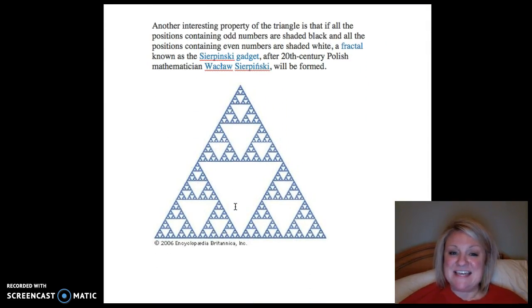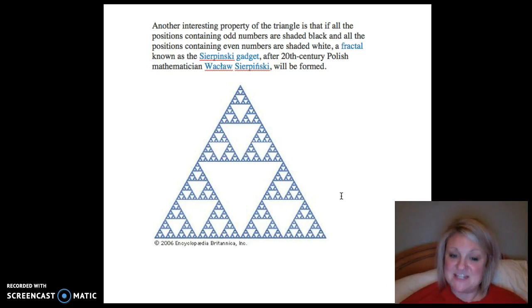And the last thing that I'm going to tell you before you explore, another interesting property of this Pascal triangle, is that if all of the positions containing odd numbers are shaded black, and all of the positions or terms containing even numbers are shaded white, a fractal appears known as Sierpinski's triangle or Sierpinski's gadget.